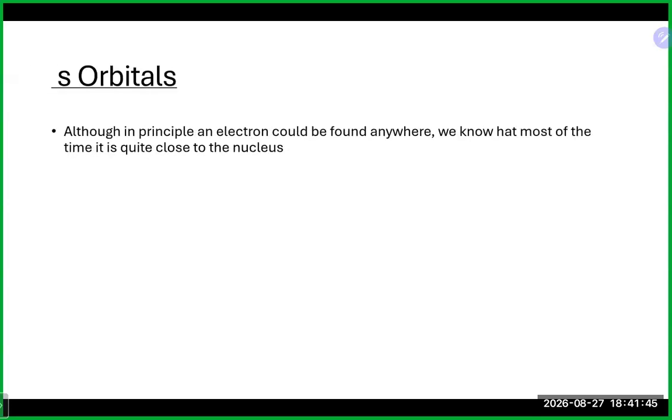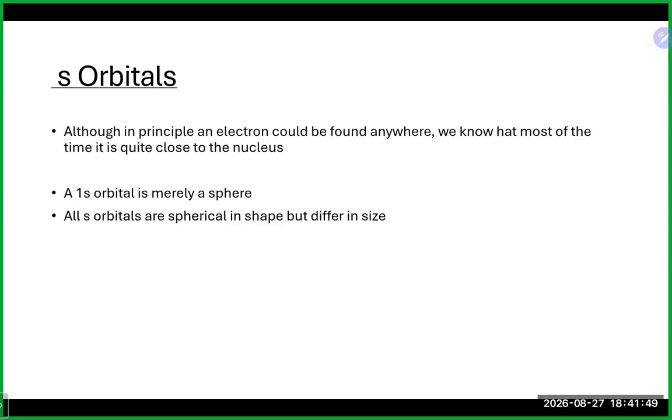All right, so let's talk a little bit about s orbitals since we found them there. As I just mentioned, the s orbital begins on the first energy level, and it's on all energy levels. Based on the m sub L of just 0, there is only one type of s orbital.